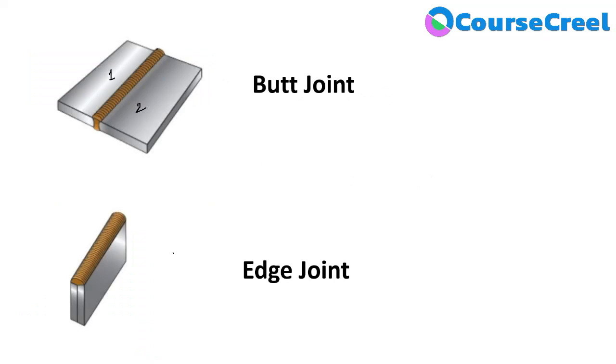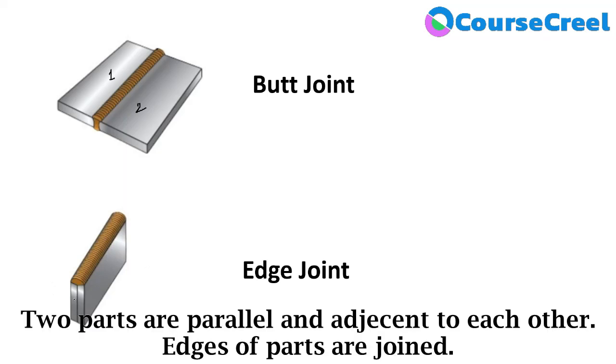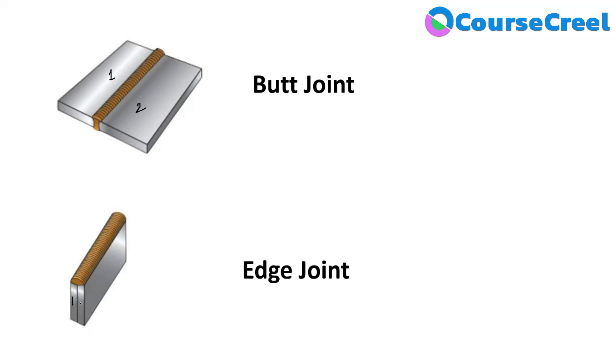Now the second type of joint is edge joint. So here you can see the diagram of edge joint. Edge joint we can define when edges of the two parts are joined together, when two parts are placed parallel and adjacent to each other. Here you can see this is the first workpiece, this is the second workpiece, and these workpieces are placed parallel and adjacent to each other.